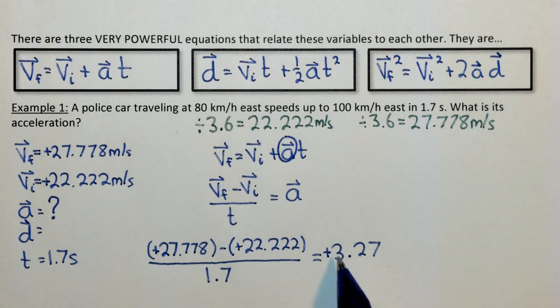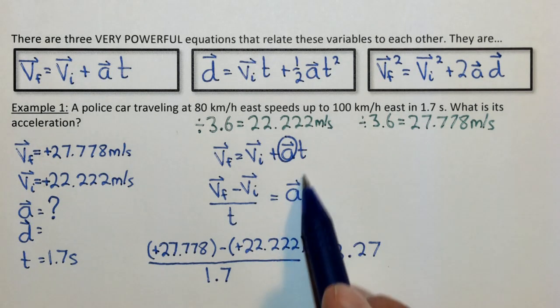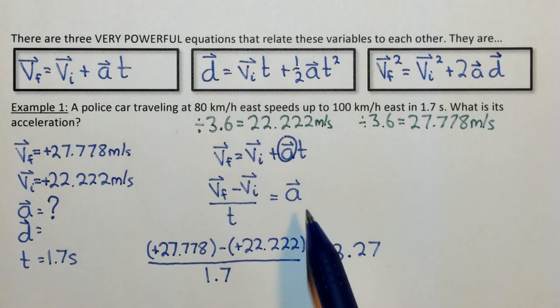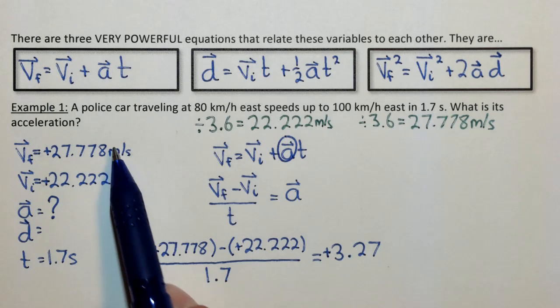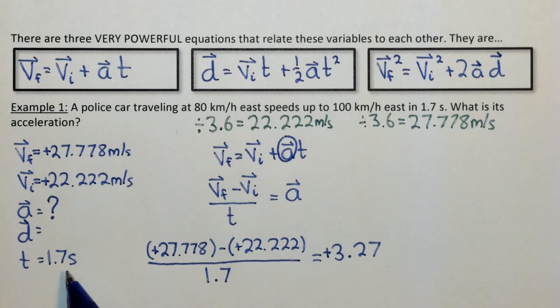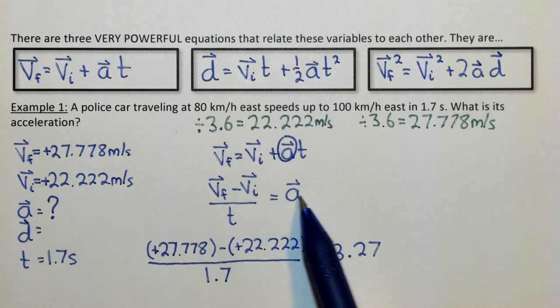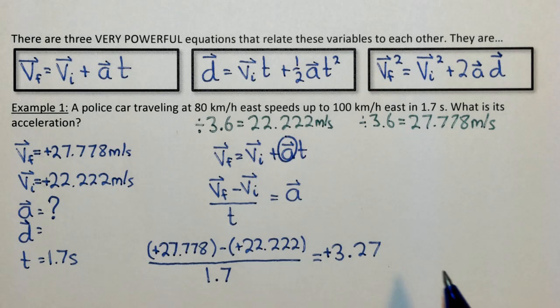Since the thing I'm looking for, A, is a vector, I need to pay attention to whether it is positive or negative. So, again, because I put metric base units into my formulas for everything, I know I'm going to get metric base units out. So this 3.27 is in the metric base units of acceleration, so meters per second squared.